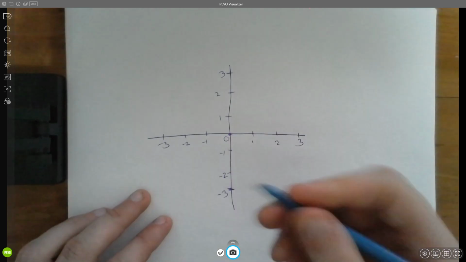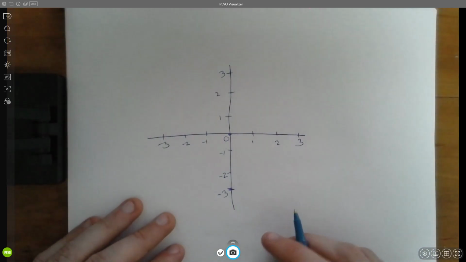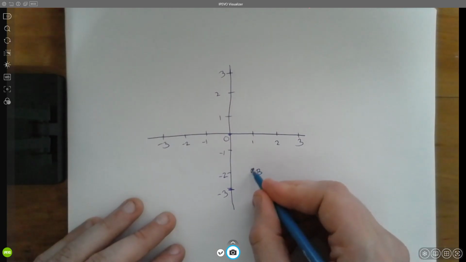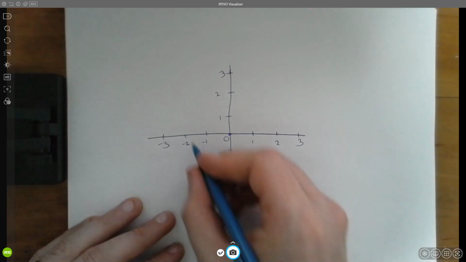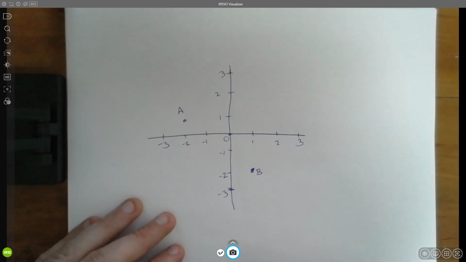Now mine might not be as spaced out perfectly. If you're using grid paper, great. You can have them spaced out a little bit better. We have a point here with a b value, we're told, and we also have one here with an a value. The first question asks us to state the coordinates of point A and B in this diagram.